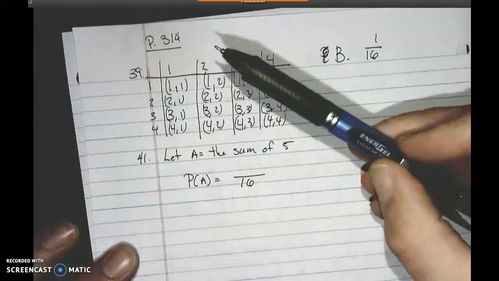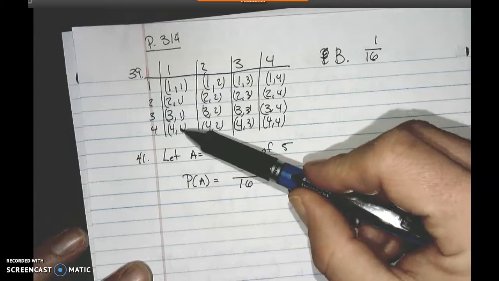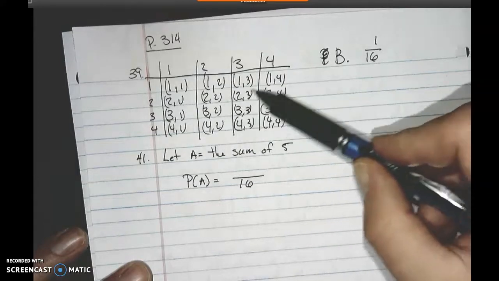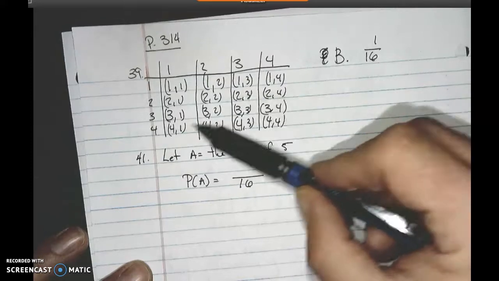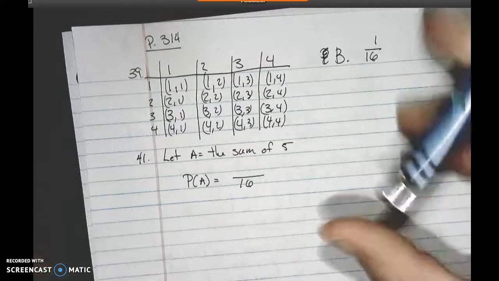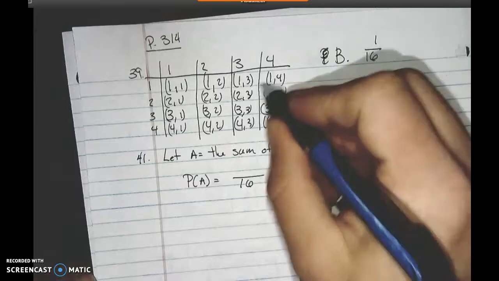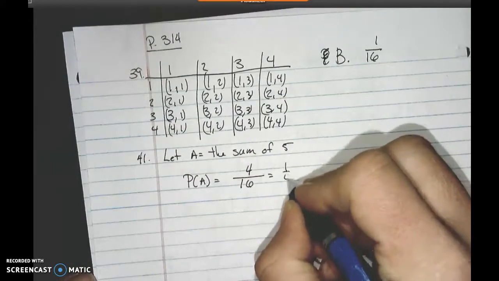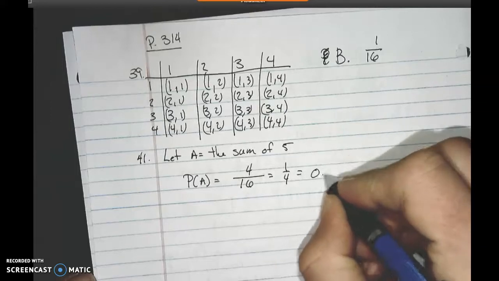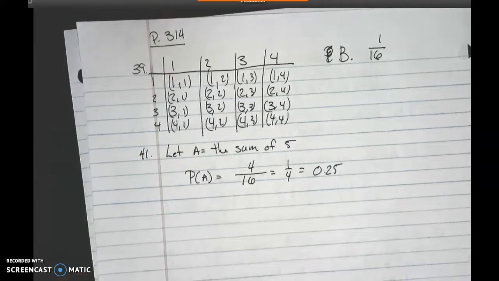The cool thing about the dice is that if you make your table correctly, you can see the diagonal, that this whole diagonal right here is 5. And so then you're going to go 1, 2, 3, 4, put the 4 there, which reduces to 1/4, which is 0.25.